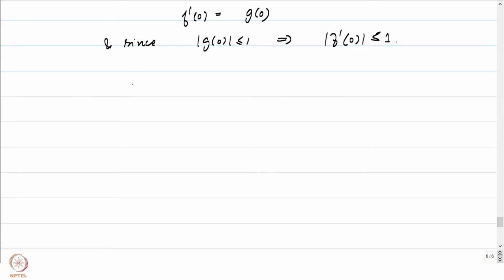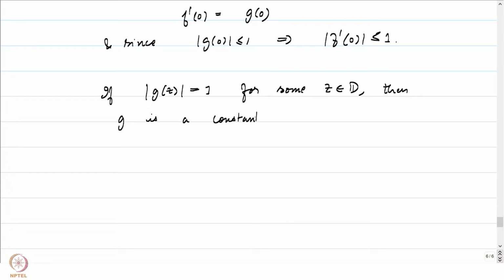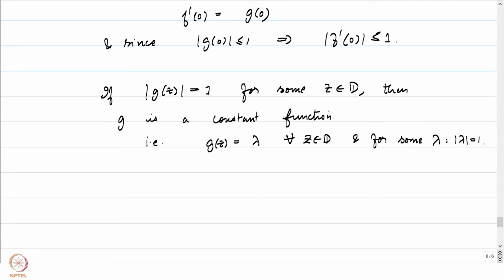So let me just state that, and notice that if the absolute value of g(z) is equal to 1 for some z in the unit disk, then g is a constant function, i.e. g(z) is equal to lambda for all z in D and for some lambda such that the absolute value of lambda is equal to 1.